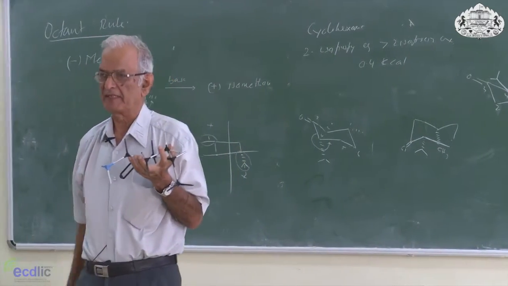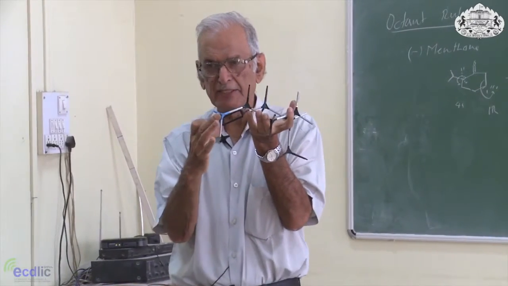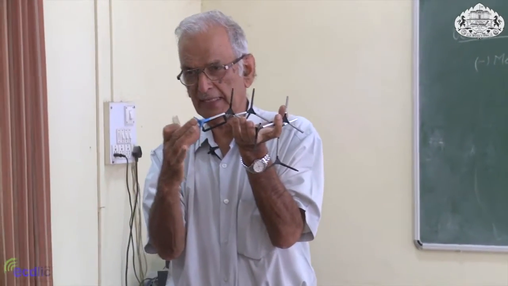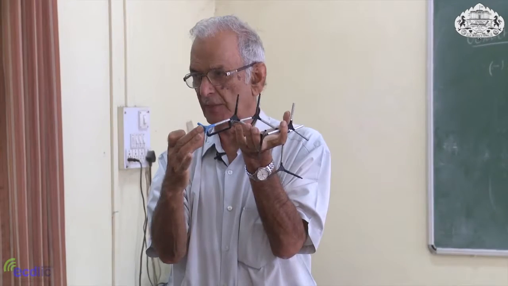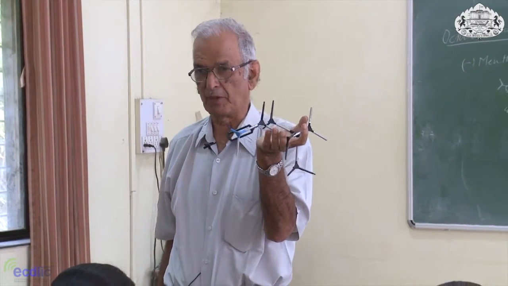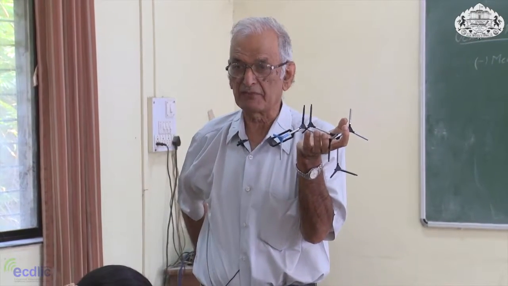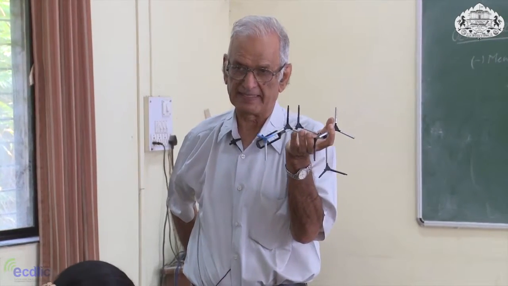That is the point. In a ketone, the substituent at the 2 position in equatorial geometry is eclipsing the carbon oxygen bond, and therefore, it does not have the same difference as in a cyclohexane.